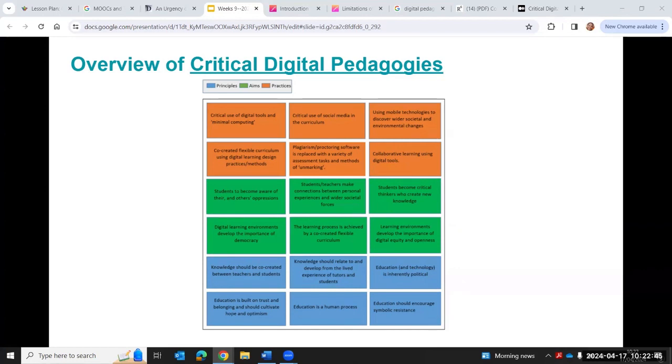Co-creation, a lot of the tools that we use is because they facilitate the process of co-creating knowledge. Are students aware of this? The idea of collaboration, collaborative learning, using different tools.